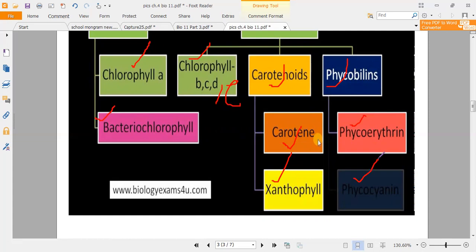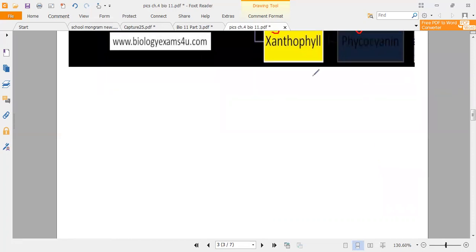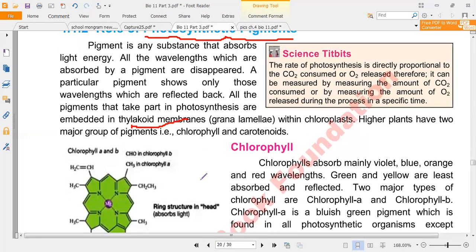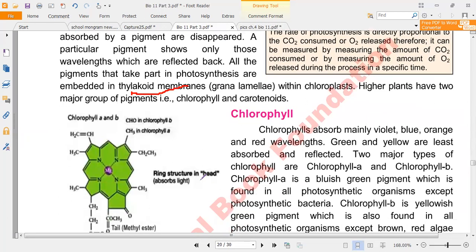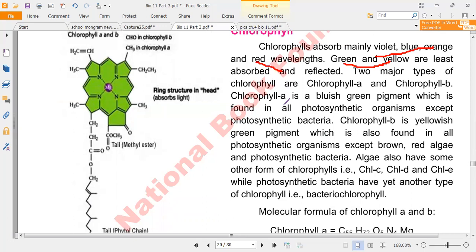So these are some of the pigments, and the principal one is chlorophyll, and in chlorophyll we have chlorophyll A. Green and yellow are the least absorbed colors by the pigments, and blue, violet and orange red wavelengths are mostly absorbed by the pigments.